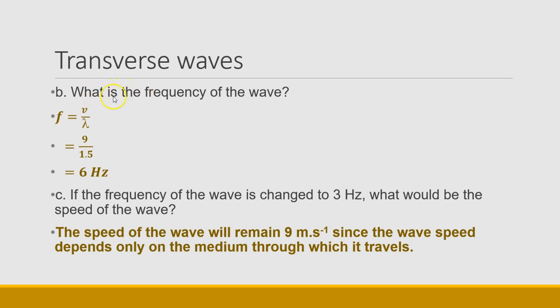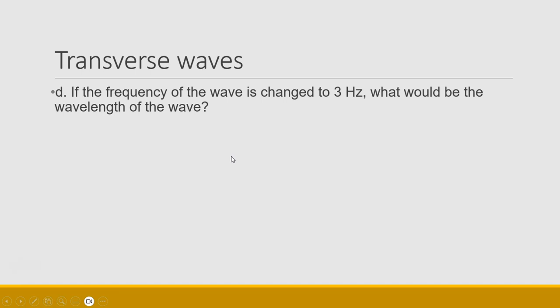So going back to our question, we worked out that the frequency of our wave was 6 hertz. Now, the next question is, if the frequency of the wave is changed to 3 hertz, that is, it was halved, what would be the wavelength of the wave? And what we need to understand from this is that wavelength and frequency are inversely proportional.